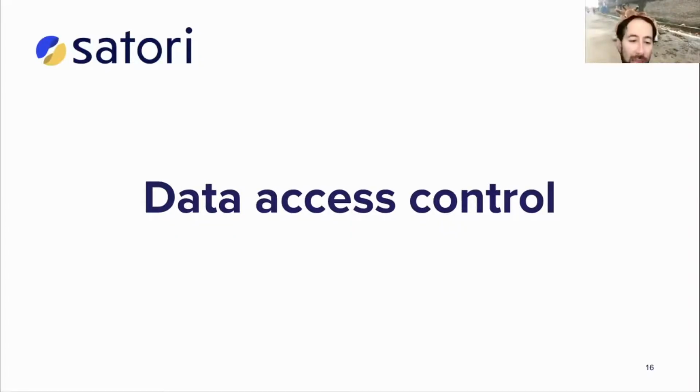Let's talk about data access control, which is a big topic. Data access control means how do you limit people to use the data, either reading, writing, updating the data in the right way. And it's not a trivial question, not in Snowflake, not in other data stores, because on one hand, you want people to actually use the data.